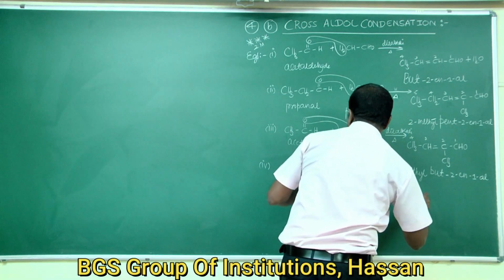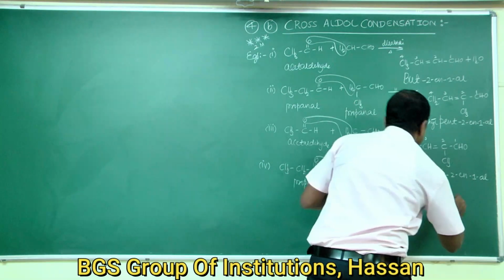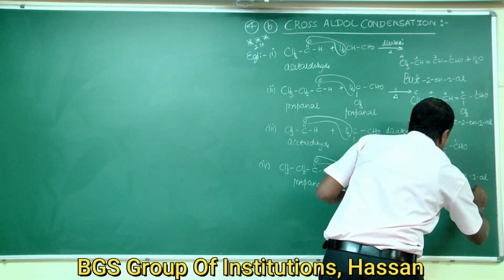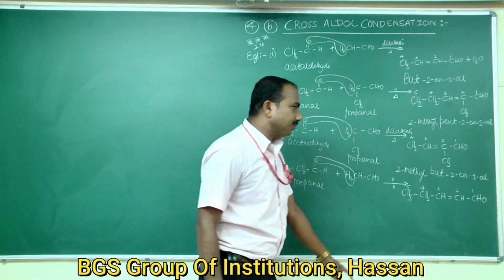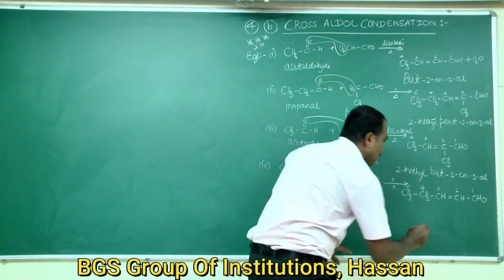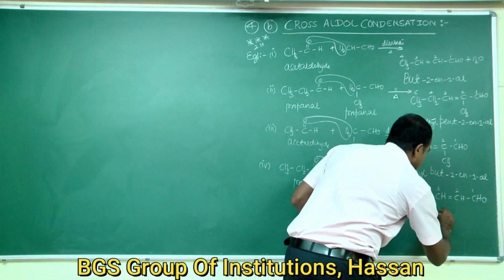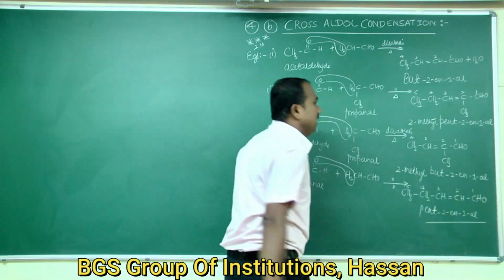That cross aldol is CH3CH2 CH double bond CH CHO. The name is 5 carbon atoms, root word is pent, second position double bond, ene, first position aldehyde, al.